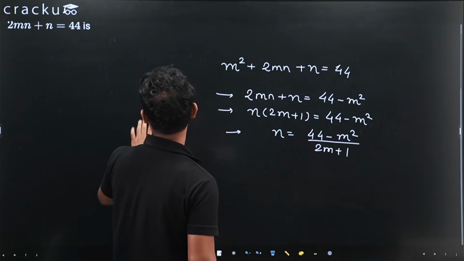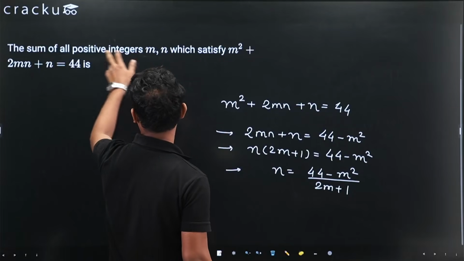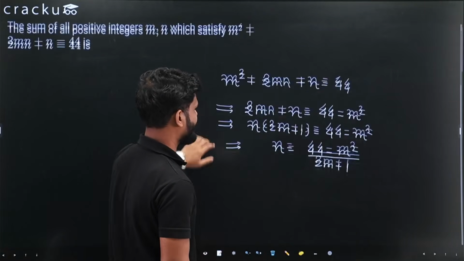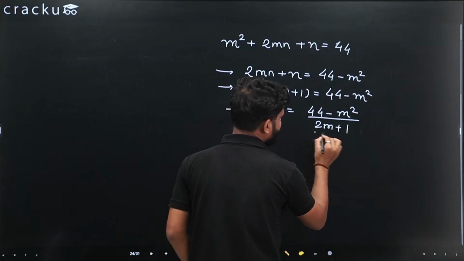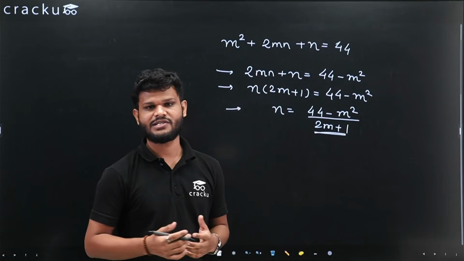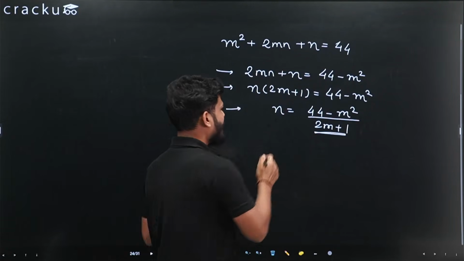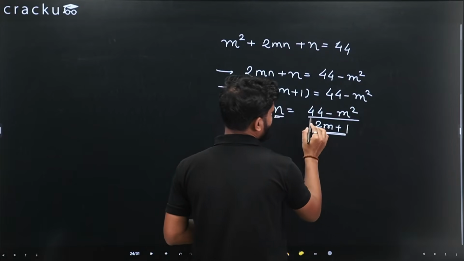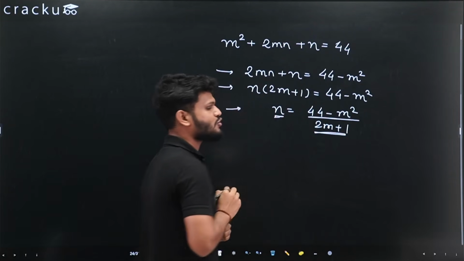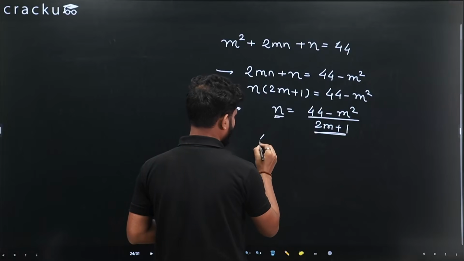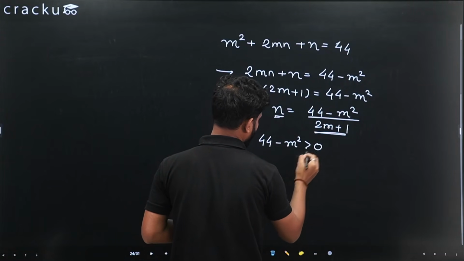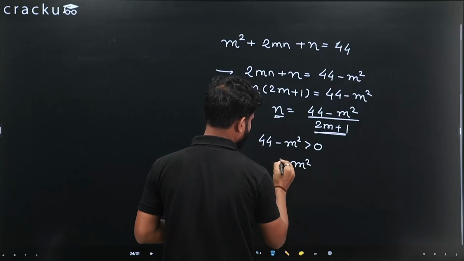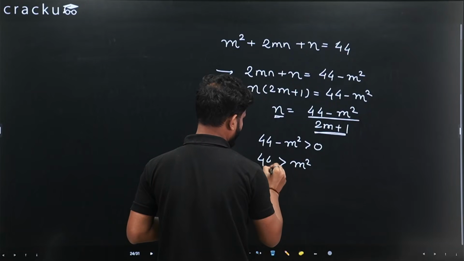Now if you see, m and n both are positive integers. So 2m plus 1 will be what? If m is a positive integer, 2m plus 1 is positive, and n is positive. So 44 minus m square should also be positive. So 44 minus m square is greater than 0, or m square is less than 44.